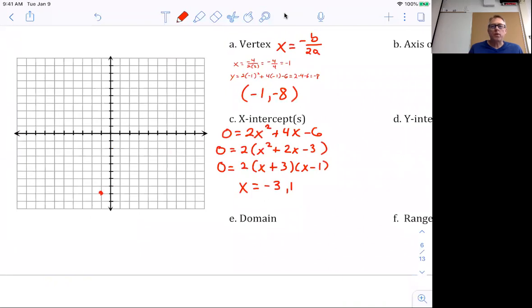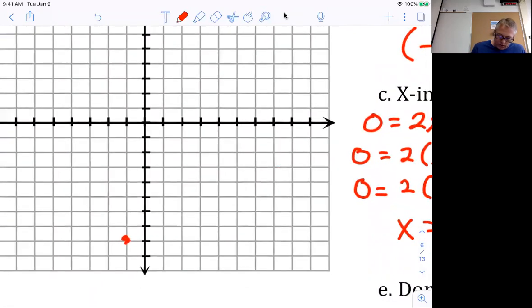So let me put those on the graph before I forget. So x-intercepts at -3 and +1.